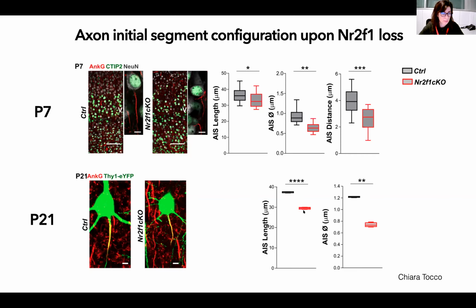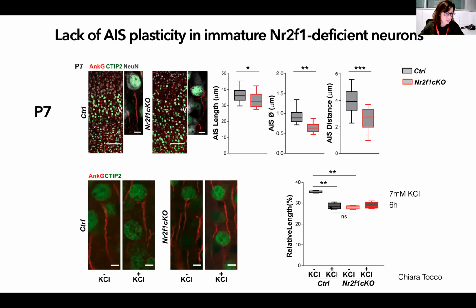In addition, we assessed AIS plasticity in order to know whether there was plasticity still happening in mutant neurons.